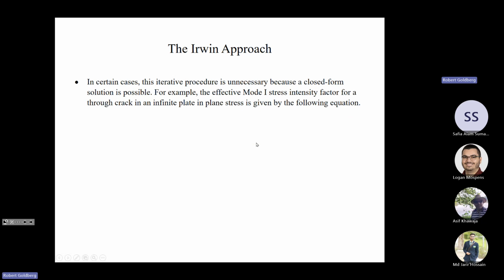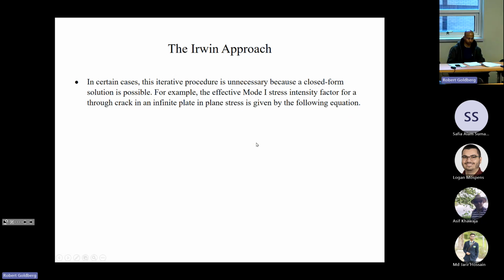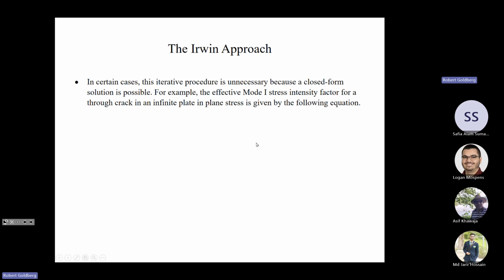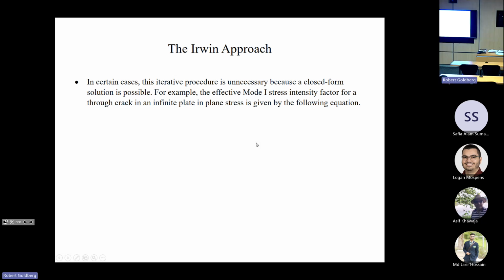Now, in certain cases, you get lucky, and this iterative procedure is unnecessary because a closed form solution is possible.